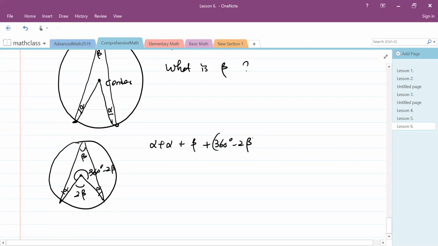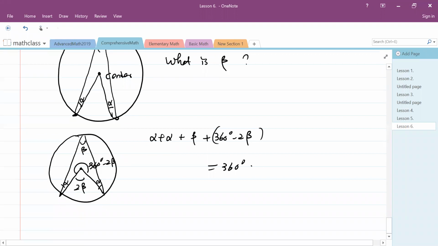This is a four-sided polygon, right? It's going to be 360 degrees. Four minus 2, yes, it's 360 degrees. So 360 degrees cancels out, and then beta equals alpha.